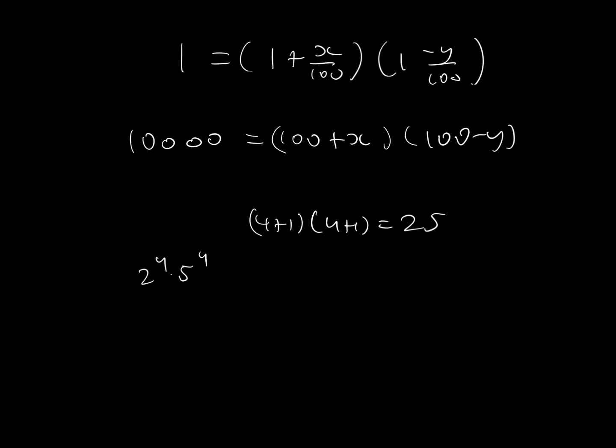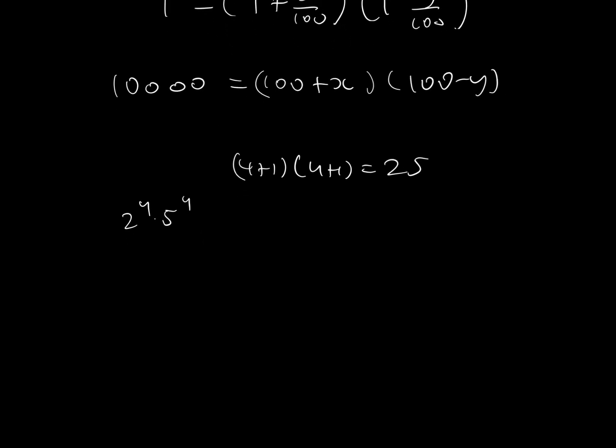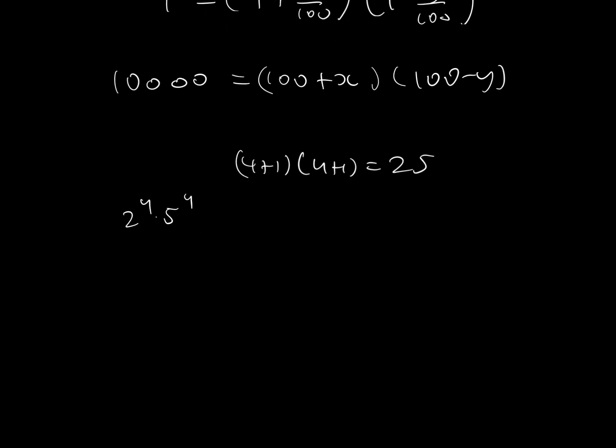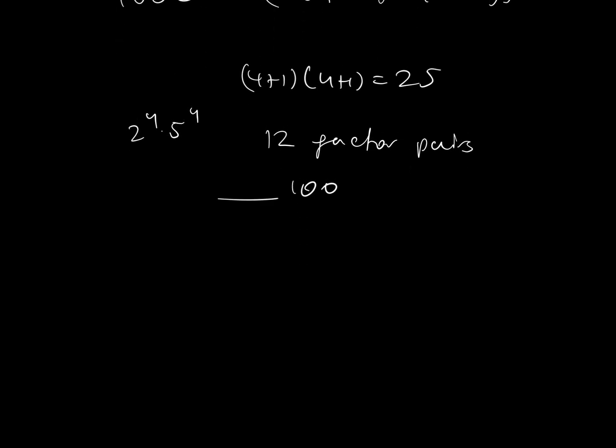Now, there are 25 factors, right? Since it's a square number, we know there are 12 factor pairs, with 100 as its lone factor because it's a square number. There's going to be 12 over here and 12 over here, right?